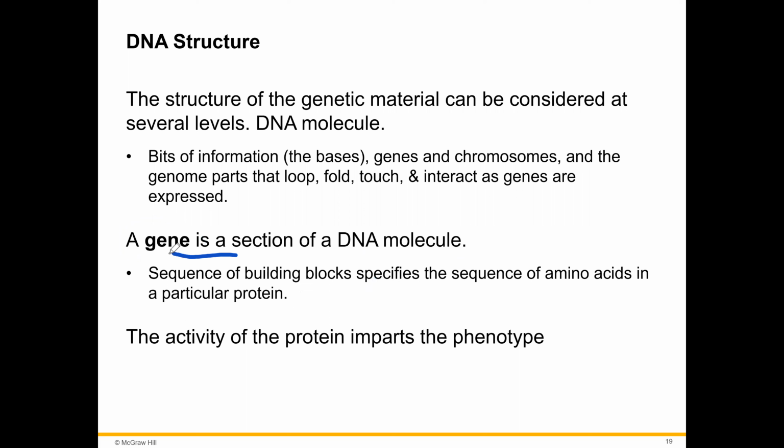So a gene has sequences of nucleotides that have an instruction for your cells to put amino acids in a specific sequence to make a functional protein. The activity of the protein impacts the phenotype. So it's proteins that make you who you are, right?